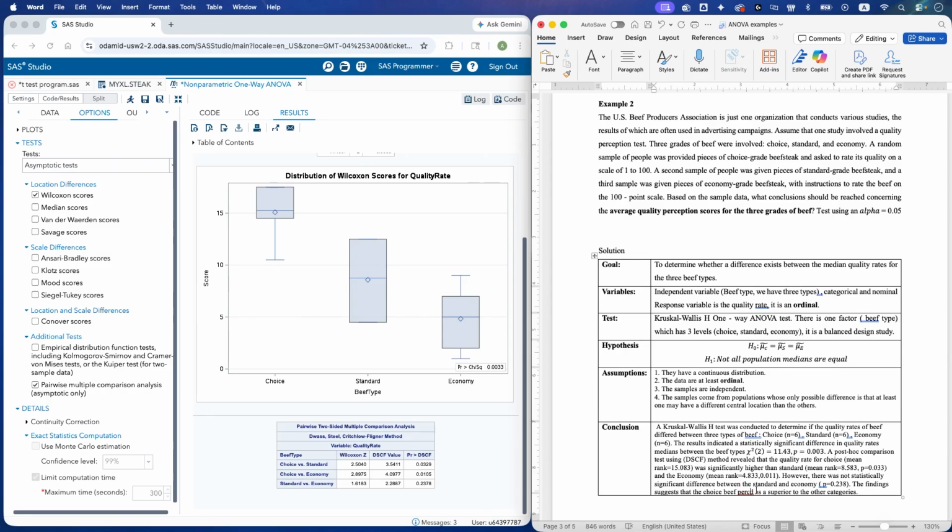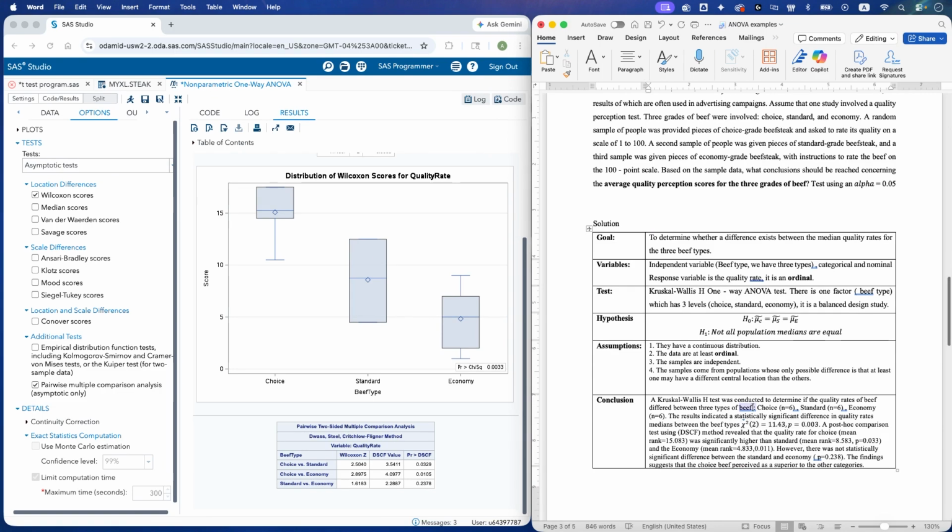Okay. So this is kind of a conclusion that we may write or add, but this is everything about the Kruskal-Wallis H one-way ANOVA test.